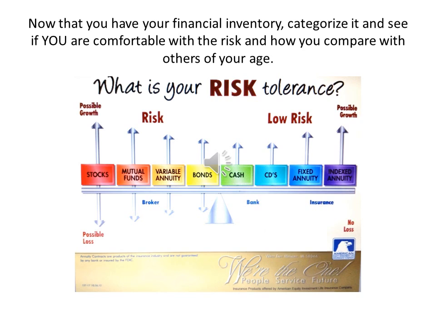By having your financial inventory in front of you, we are now going to categorize it, see if you are comfortable with the risk associated with your investments, and compare it to others of your age. So with the inventory sheet in front of you, you will have both qualified, meaning IRA, 401k, 403b retirement assets, and non-qualified assets.